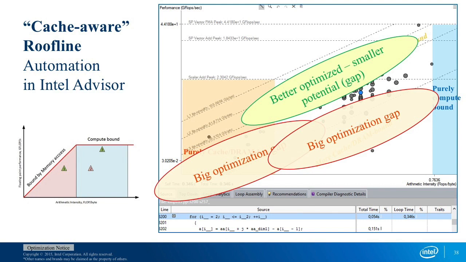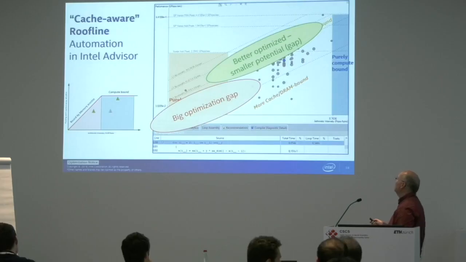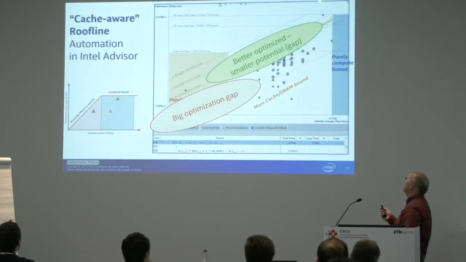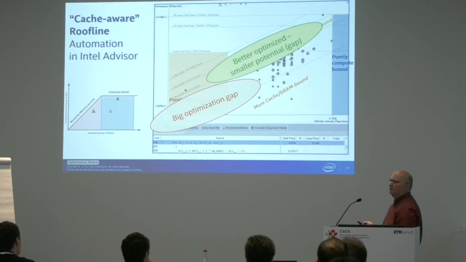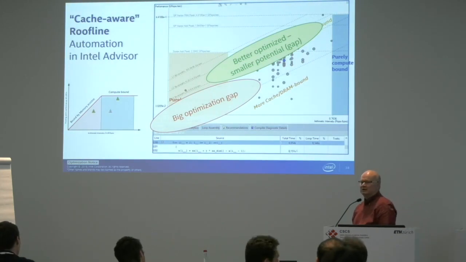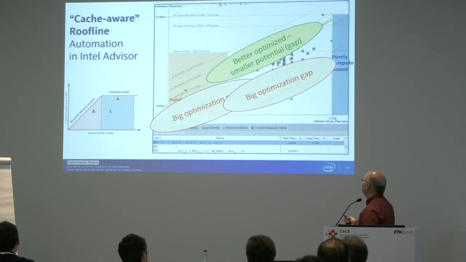If it lies in any of the quadrants, then you can take different decisions on what you want to improve in the future. So here on the left lower side, you have the big optimization gap, and on the upper one, directly under the roofs, you have, of course, only low optimization gain that you can have.